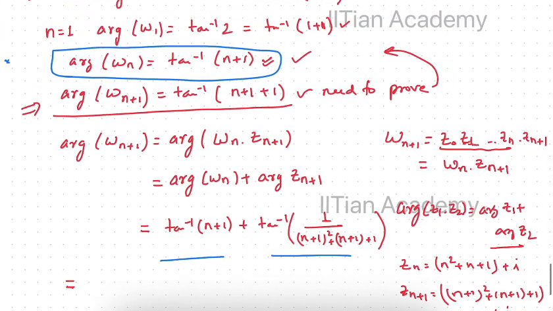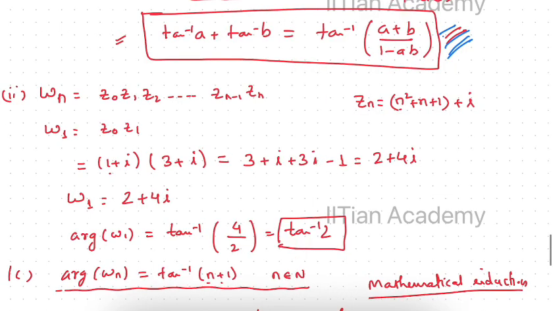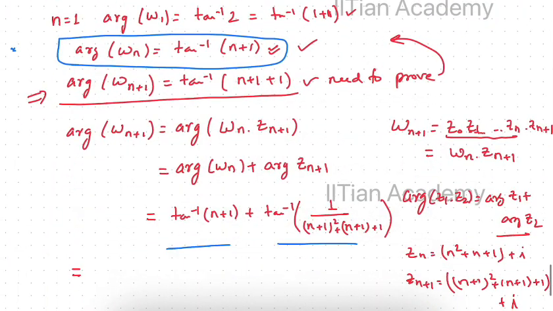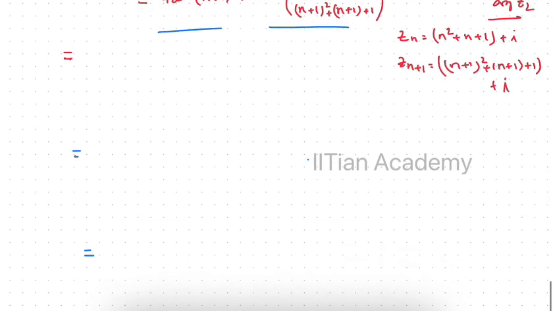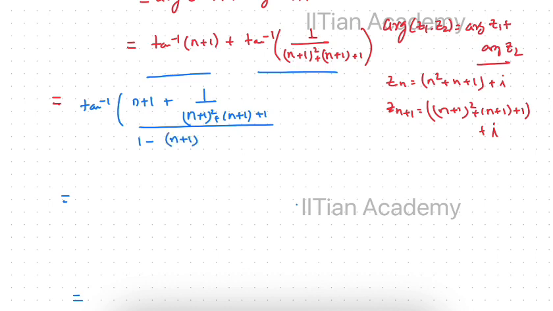Utilizing this, we have already proved in the previous part that tan inverse A plus tan inverse B is nothing but tan inverse of (A plus B) divided by (1 minus AB). So here also we can write this as tan inverse of A plus B divided by 1 minus (n plus 1) multiplied by 1 over ((n plus 1) square plus (n plus 1) plus 1).